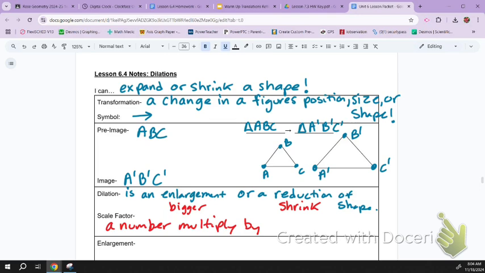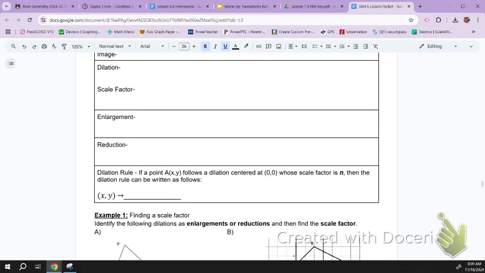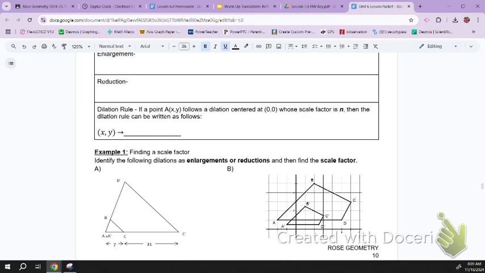Ones that make shapes bigger, ones that make shapes smaller. An enlargement is when our scale factor, the number we multiply by, is greater than 1.